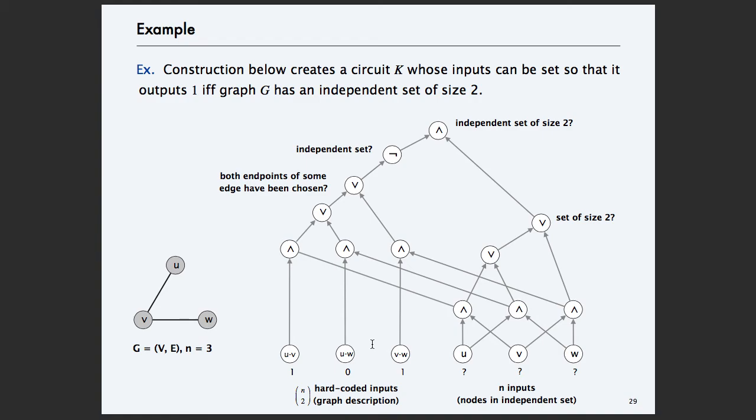Now, what about the ands and ors leading up to the top of the graph? Well, this stuff is checking: is it a set of size 2? Meaning you have 2 1s and a 0. No, it's size exactly 2.